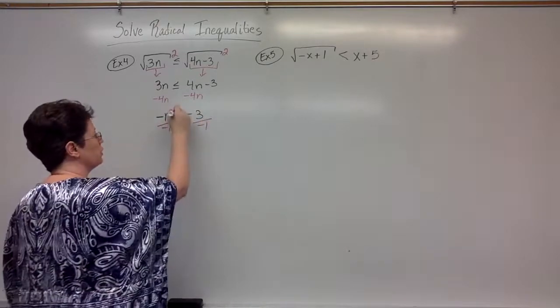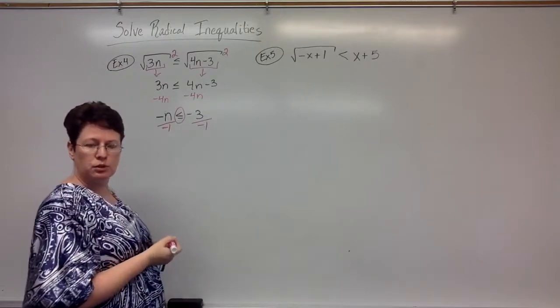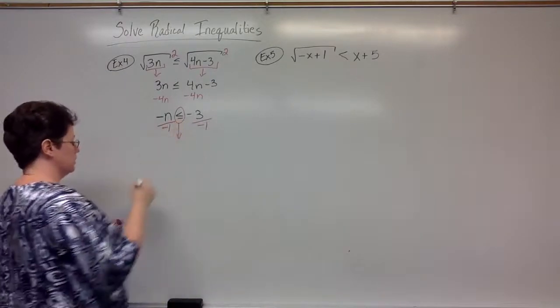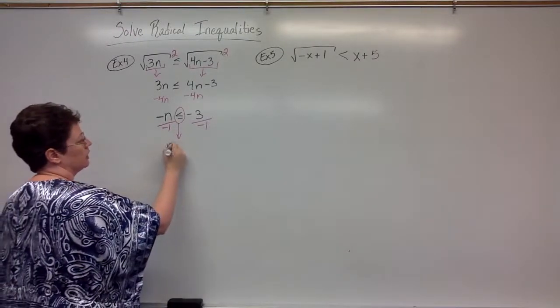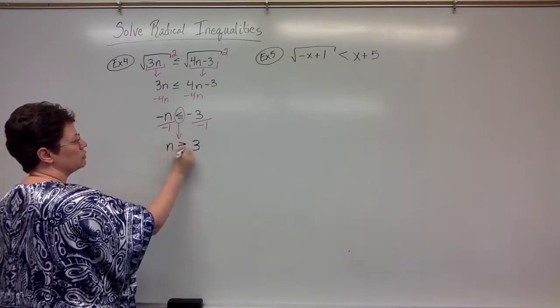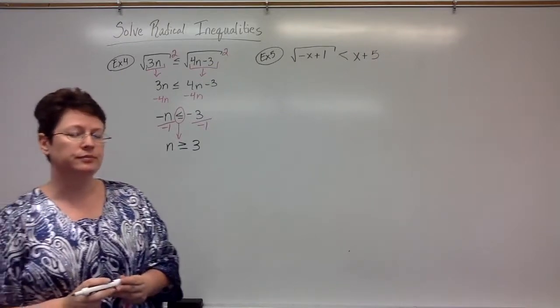Uh-oh. Is there a rule about dividing by negatives when you're using inequalities? Yes, there is. So now we have a positive n, and I have a positive 3, but that inequality symbol is going to flip. It's going to change directions.